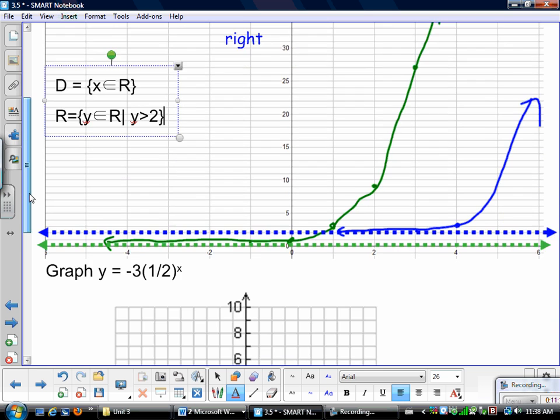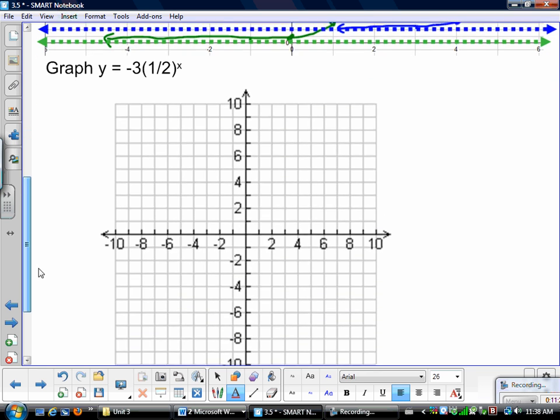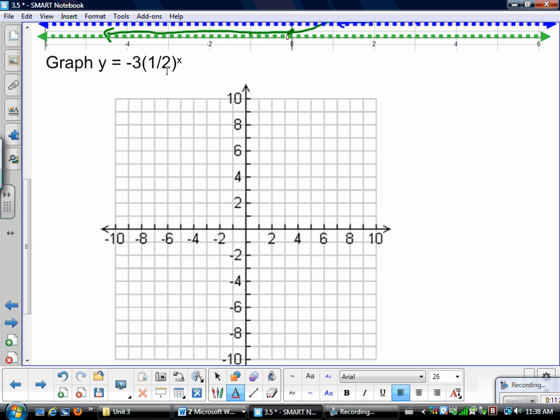Okay, now let's look at another one. This time we have a decreasing graph because we can see the parent function has changed, so that typical equation that we had before, the general equation where it was y equals b to the x. This time we can see that our b is less than 1, but it's also greater than 0.